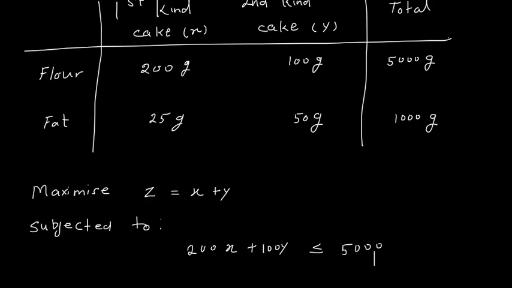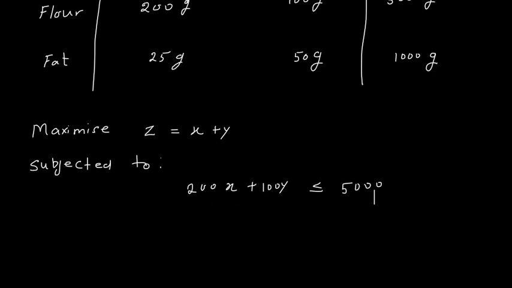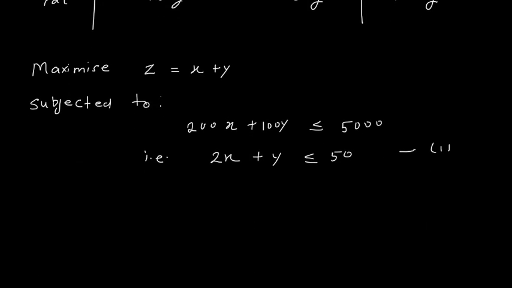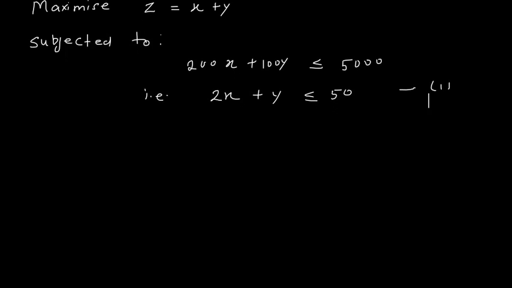So 200x plus 100y should be less than or equal to 5000. We can simplify it further: I divide by 100, I will get 2x plus y less than or equal to 50. So this is considered the first inequation. This is also called a constraint, a resource constraint.